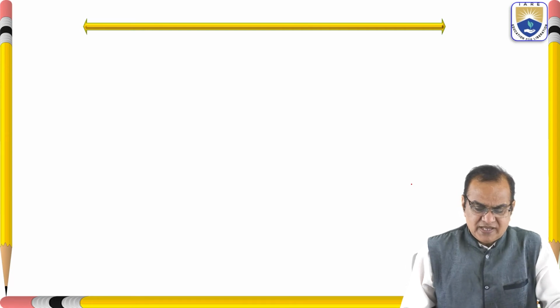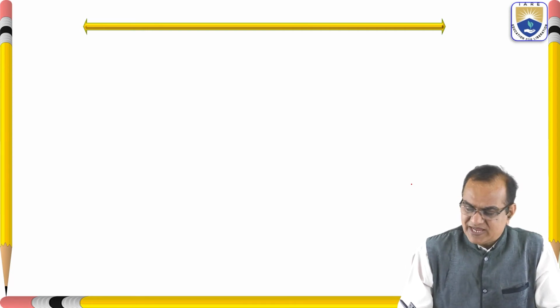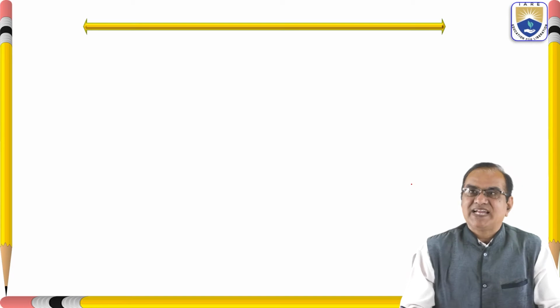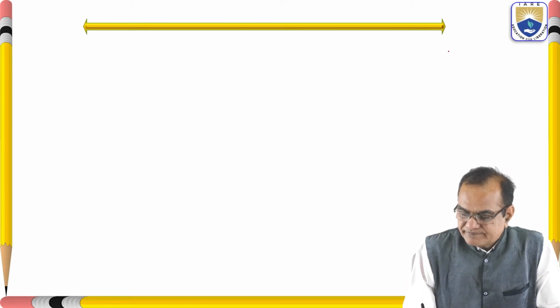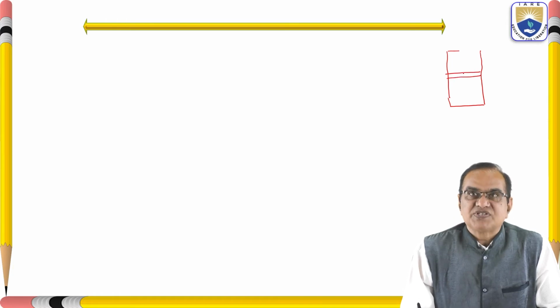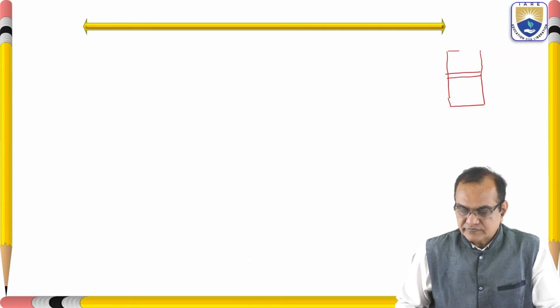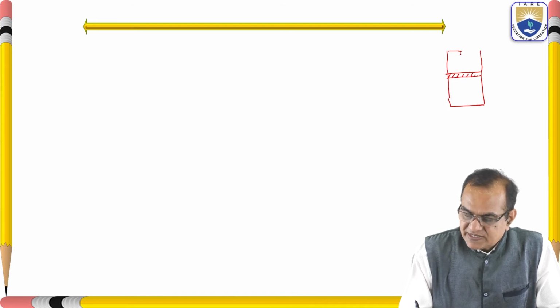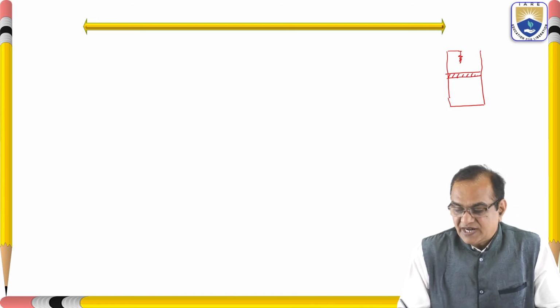So here I will draw one state diagram again. The same type of diagram I can draw here. Here is the piston, here is the spring, and the spring is not touching initially.